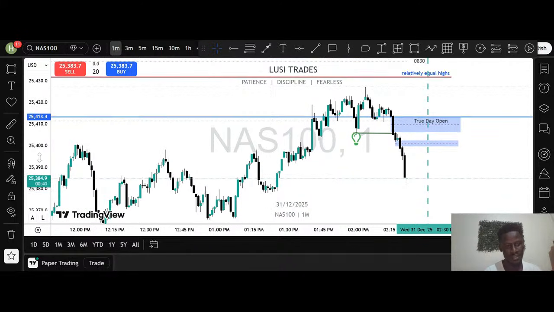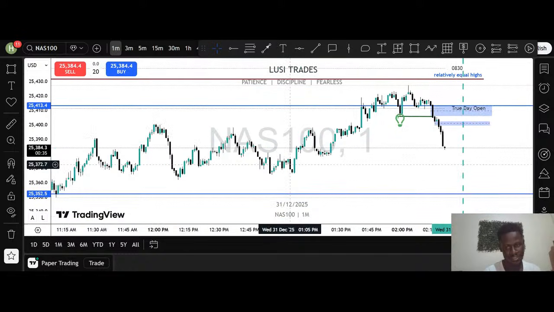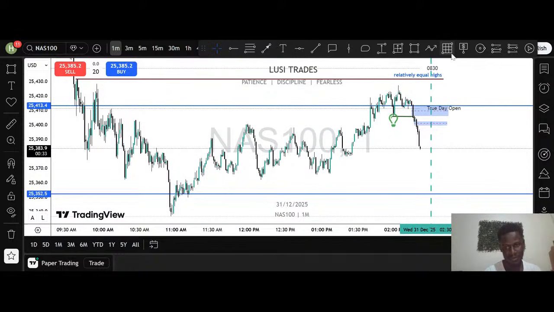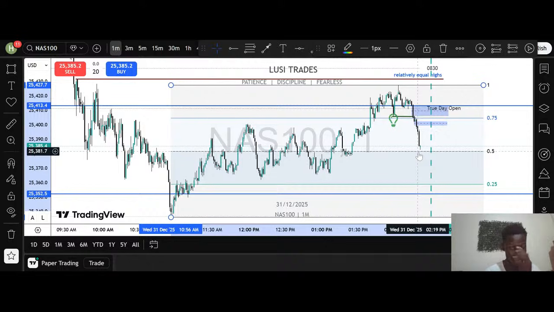So looking at this range, let me measure the range. From that low to now this high, midpoint equilibrium is just below this.